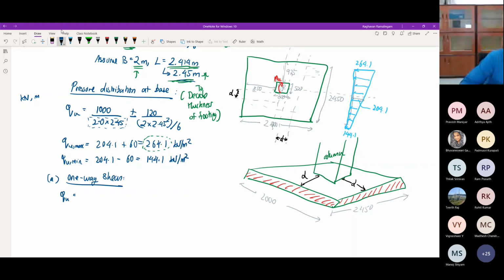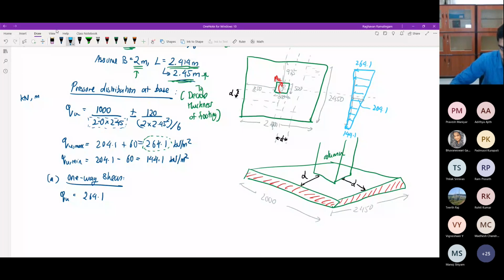So QU is 264.1. This is the pressure acting. Actually, I should not draw like this.